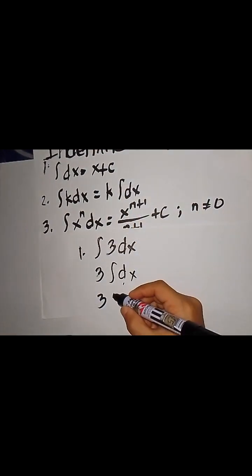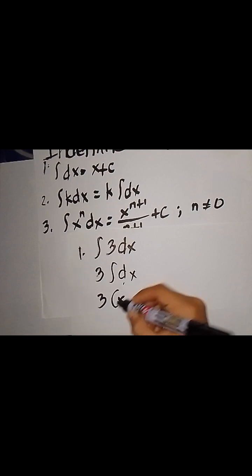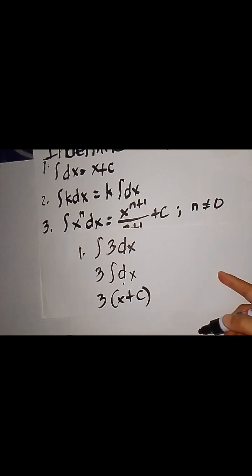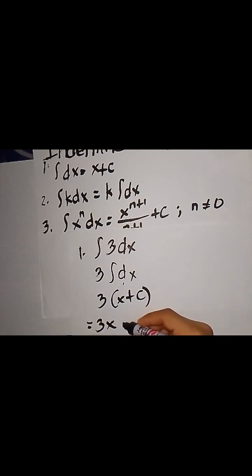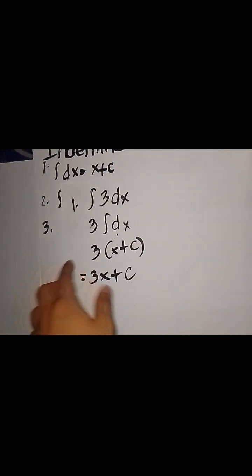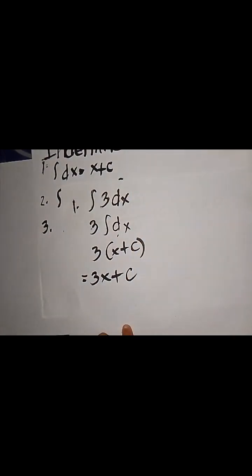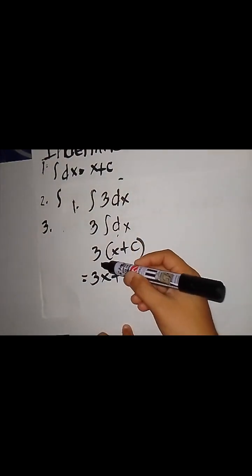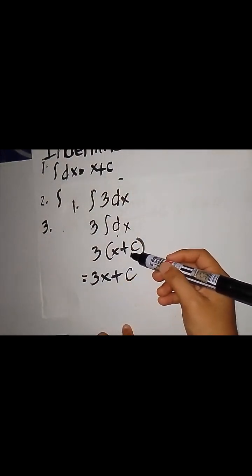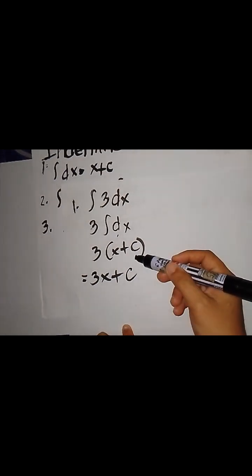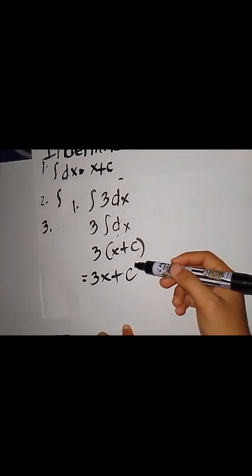So we're just putting x plus c here, and then the distributive property, so it is equal to 3x plus c. This is the answer for the first problem. We will not multiply 3 and c, since c is already an arbitrary constant, or it can be any value.